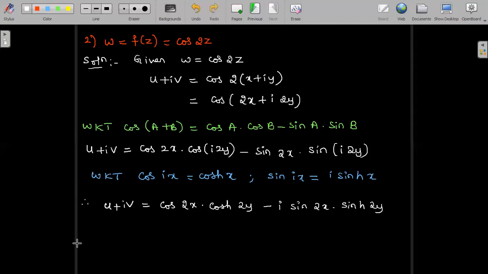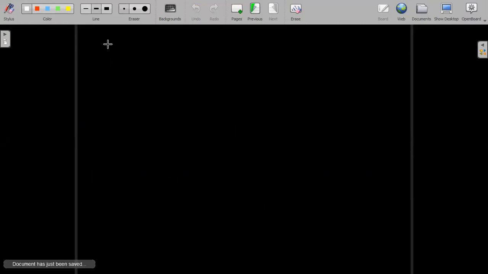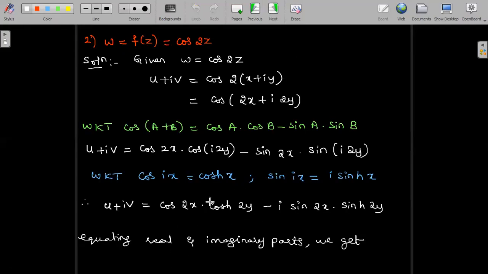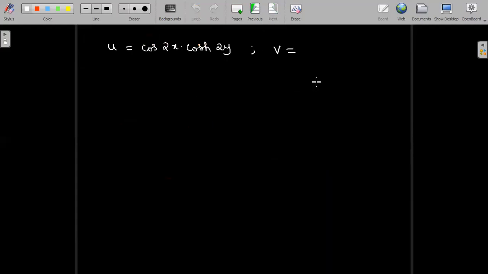So u is equal to cos 2x into cos hyperbolic 2y, and v is equal to minus sin 2x into sin hyperbolic 2y, along with the minus sign.